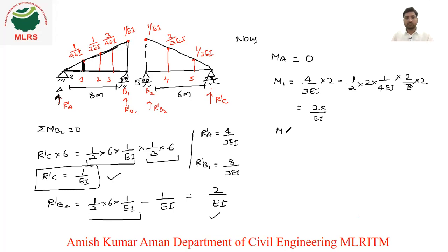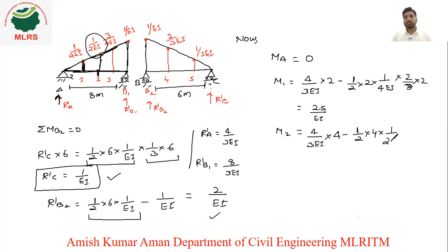Now similarly if you go for the M2 value, same R dash A, that is 4 upon 3 EI into distance. Distance will be 2 plus 2, up to here it is 4, right? So 4 minus half into base, which is 4, into height. At this point what is the height? Height is 1 upon 2 EI.